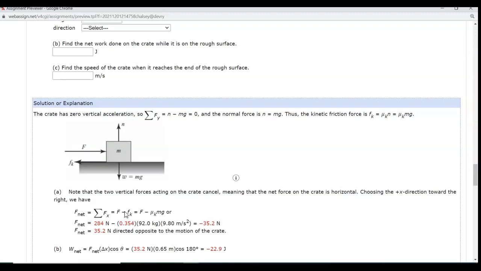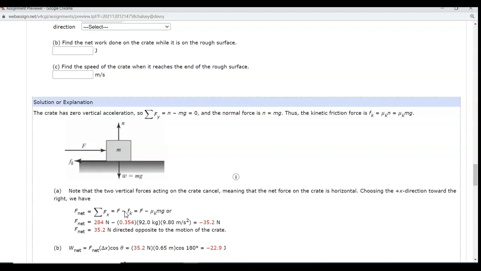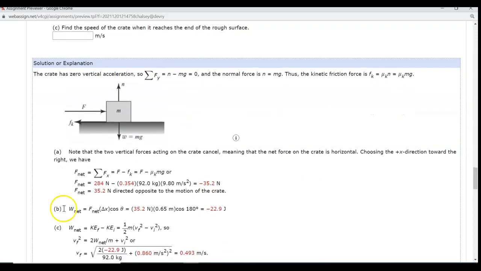For B, find the net work done on the crate while it's on the rough surface. So the work is the force times the distance times the cosine of the angle. We found the net force here.